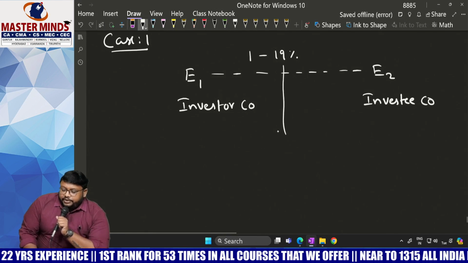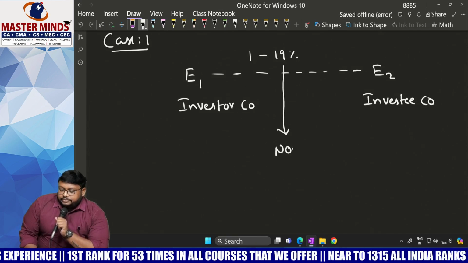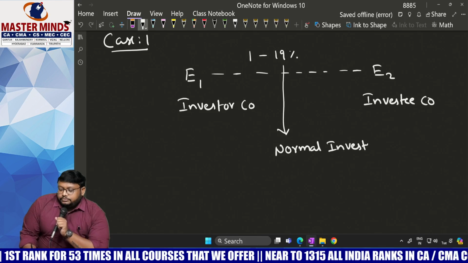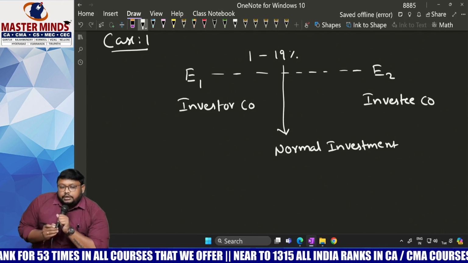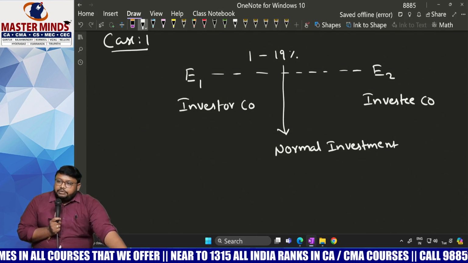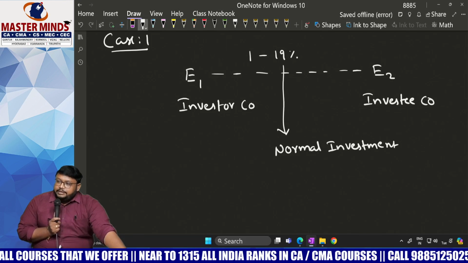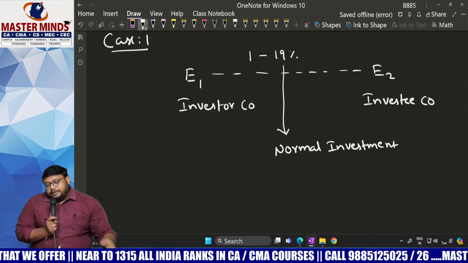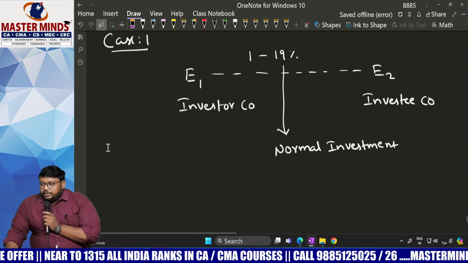This investment we can call a normal investment. So when you make a normal investment, meaning we invested 1 to 19%, 12%, 13%, 18%, whatever, up to 19 percentage, when we are investing in any other company, that will be considered a normal investment.